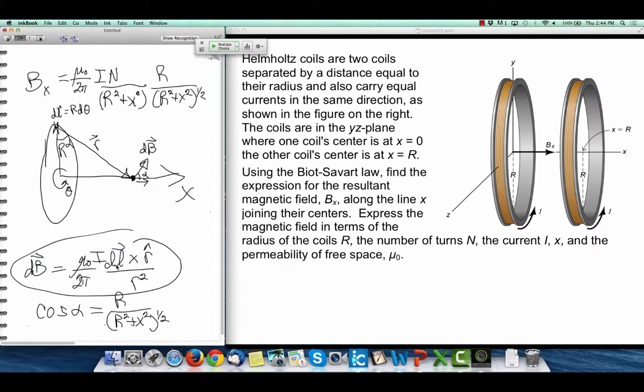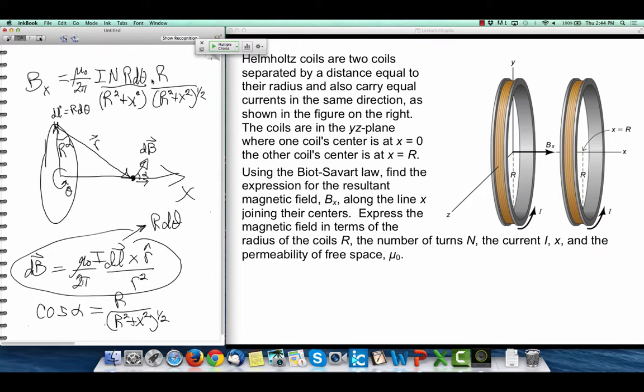I'm going to want to integrate all the way around the loop. And so, oh, I forgot something. dl. What is dl? dl is r d theta. I'm going to go all the way around theta. And so I need a dl, which is r d theta.